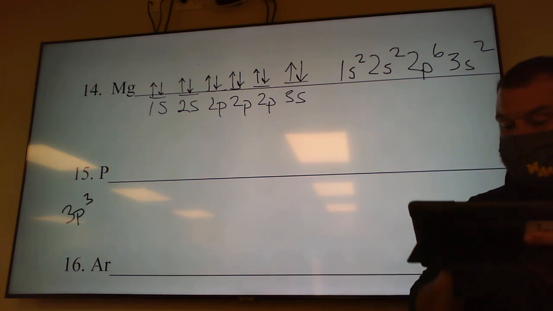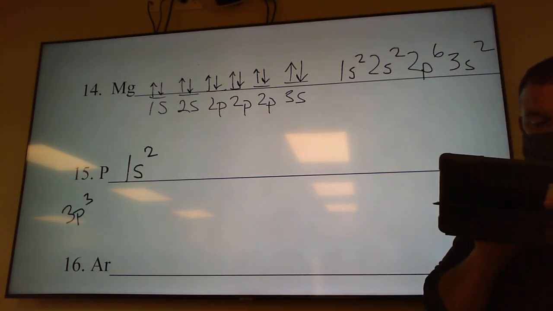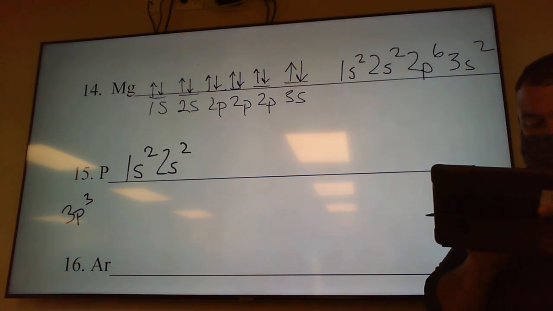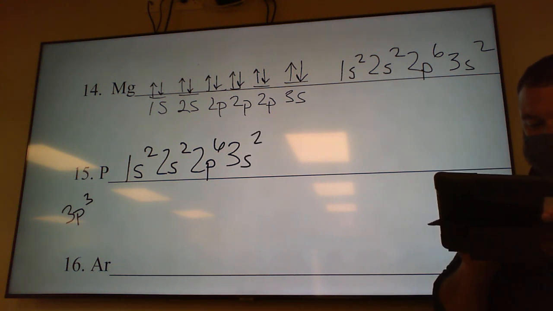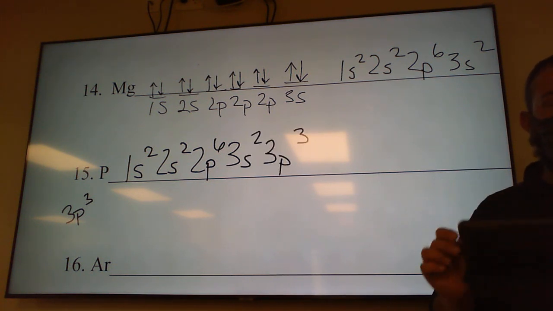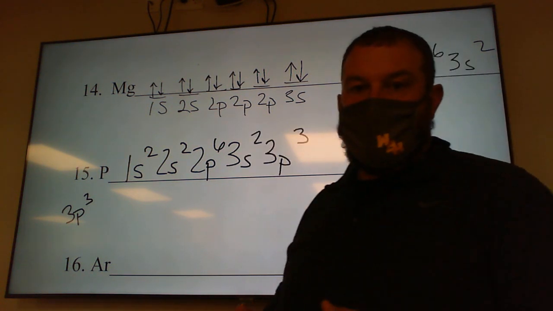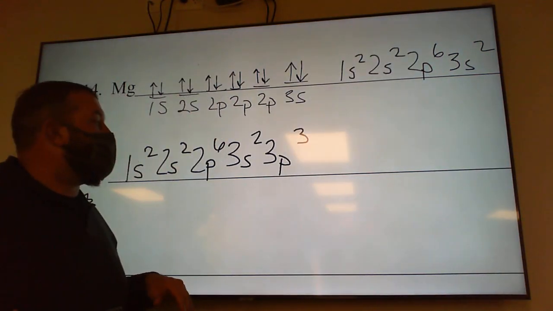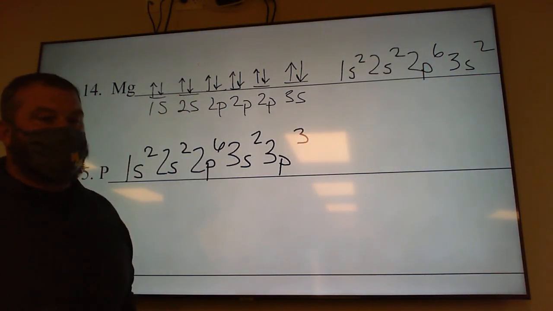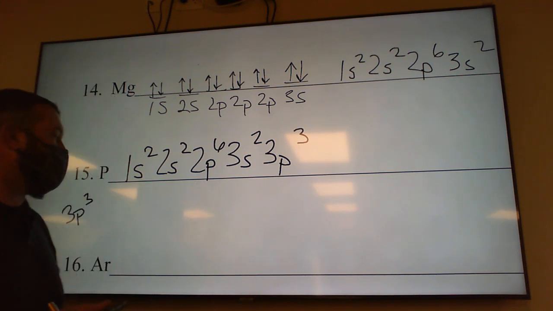So again, I start at 1s, and I know it goes 1s with 2, 2s with 2, 2p with 6, 3s with 2, and then 3p with 3. Okay? So I have 1s2, 2s2, 2p6, 3s2, 3p3.